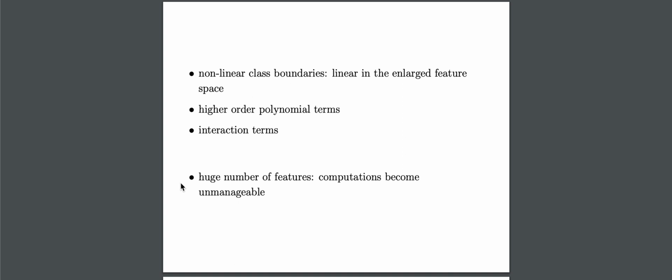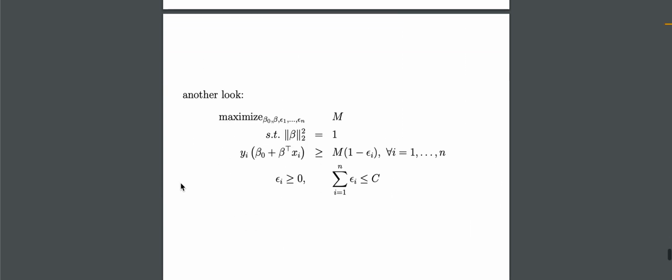Now, the support vector machine, which I present next, allows us to enlarge the feature space without really having to do the computations in the enlarged feature space. Okay, so this is a support vector classifier.